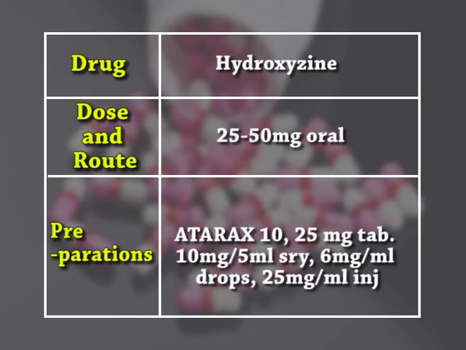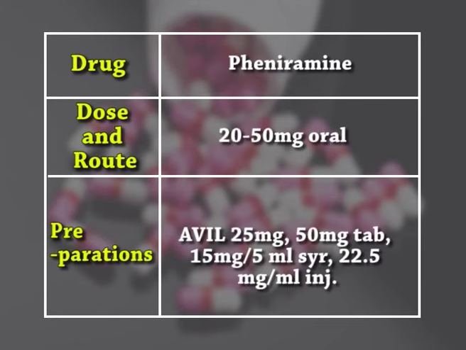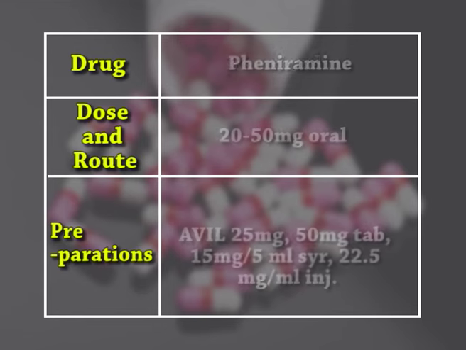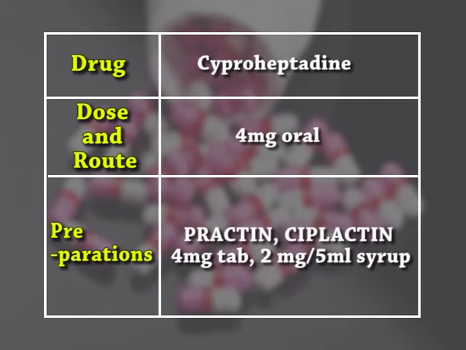Preparations include Atarax. Now, among moderately sedative drugs, the first drug is pheniramine, given in a dose of 20 to 50 mg, route oral or intramuscular. Preparations include Avil. Second is cyproheptadine, given in a dose of 4 mg, route oral. Its preparations include Practin, Ciplactin.